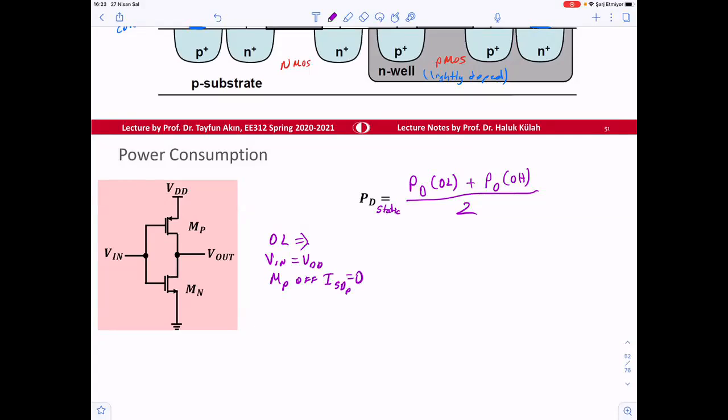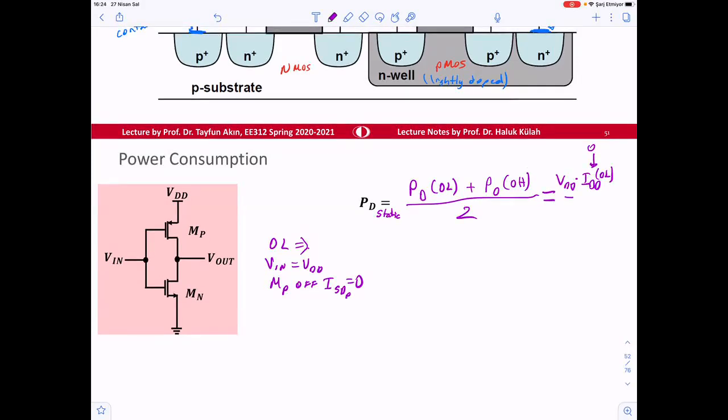So therefore, this is going to be VDD times IDD, output low, times IDD, output low, which is going to be 0.